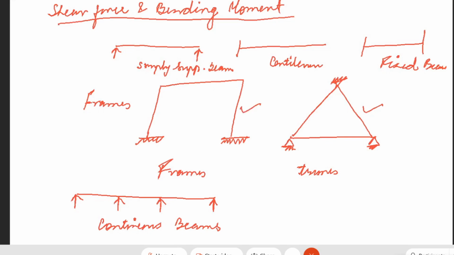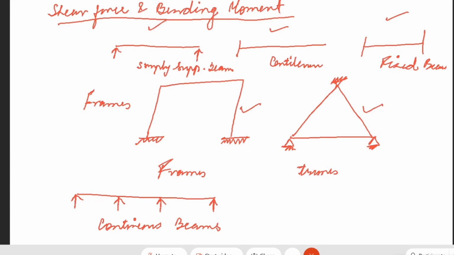A fixed beam can behave somewhat differently from a cantilever, and a cantilever differently from a simply supported beam. And we have other structures as well which we need to analyze.